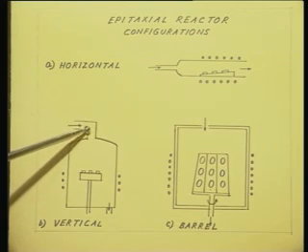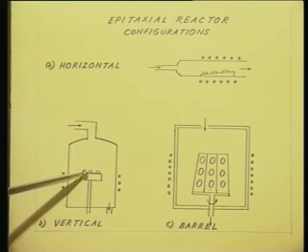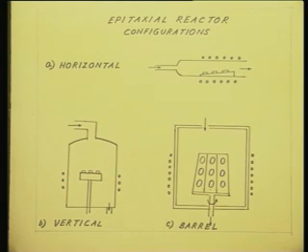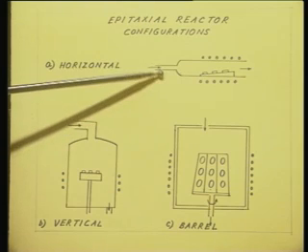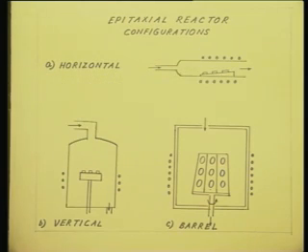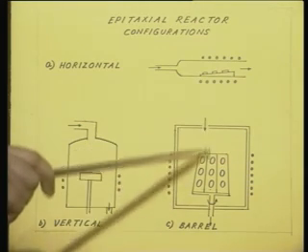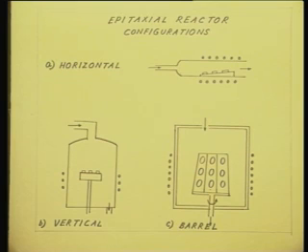In a vertical reactor, the gas flow is in a direction perpendicular to the semiconductor surface. In a horizontal reactor, it is parallel to the semiconductor surface, and even in a barrel reactor, it is parallel to the semiconductor surface. So, these are the three basic reactor designs.